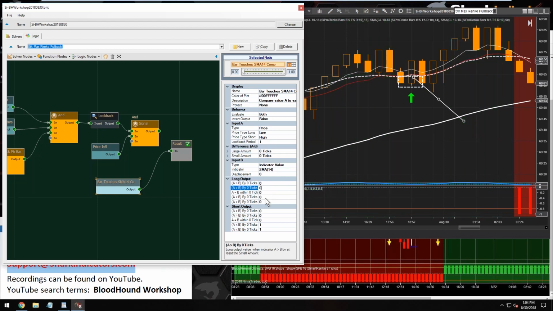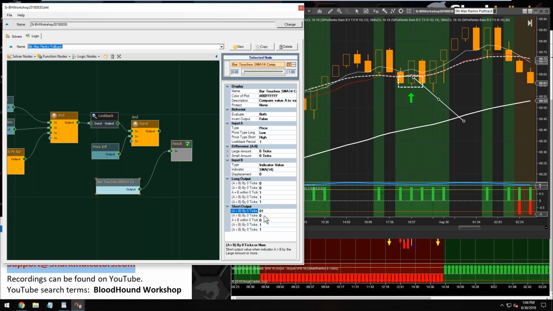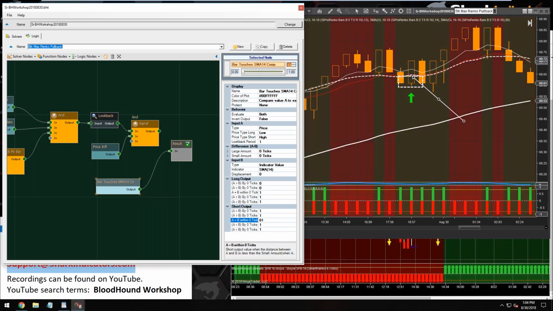And for our outputs, in other words, the low could equal the SMA. So A could equal B or below it, like so. And we'll just reverse them for the short outputs. There. All right.